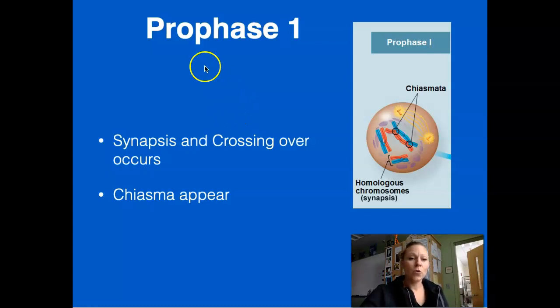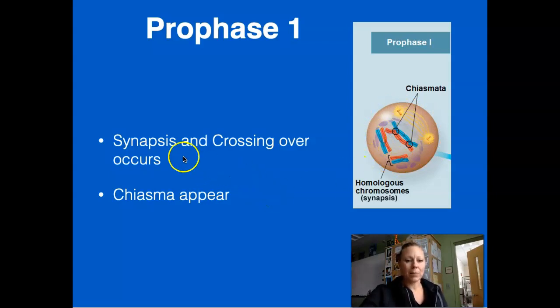So in prophase 1, we start with 1 cell that has 46 chromosomes, each with a sister chromatid, or an exact copy, and we're going to end up with 4 cells that have 1 copy of 23 chromosomes.